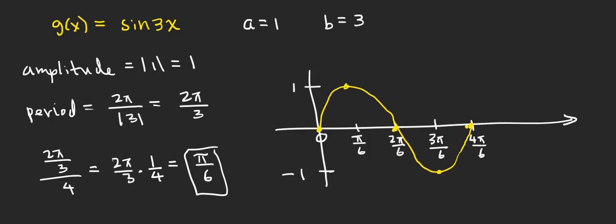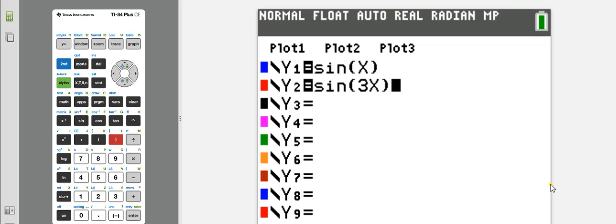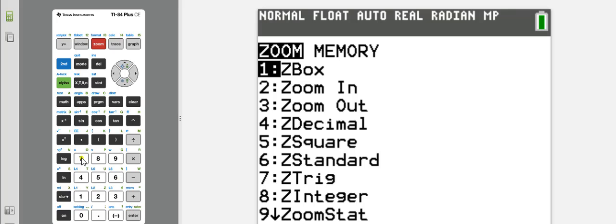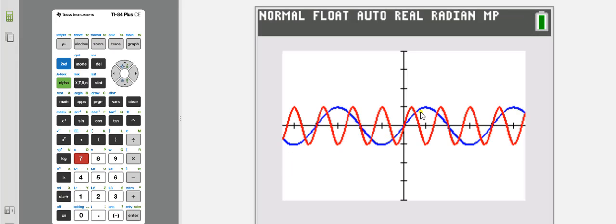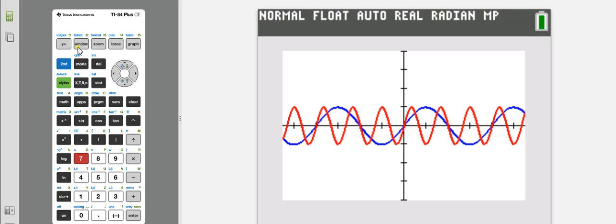Now notice, sine x has a period of 2 pi. So the period of sine of 3x is much shorter than the period of sine of x. So let's graph sine x and sine of 3x. Let's go to zoom, trig for number 7. So you get that. The blue is sine of x and the red is sine of 3x. And let's change the window.